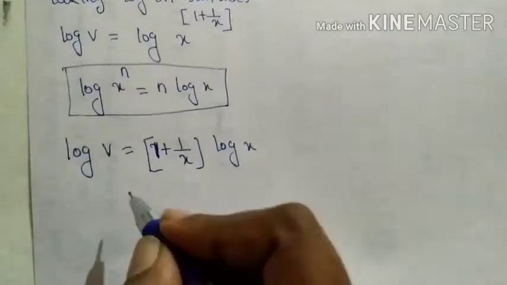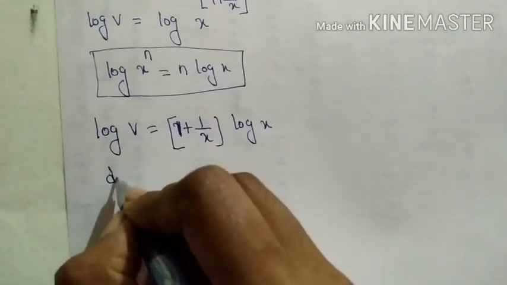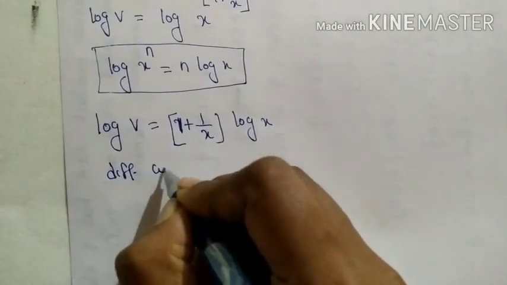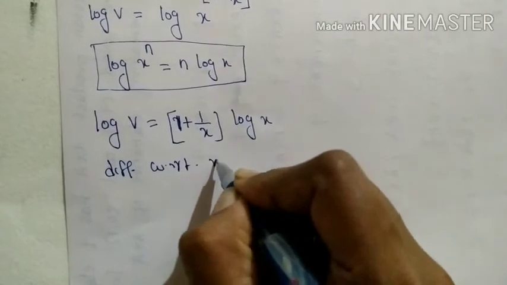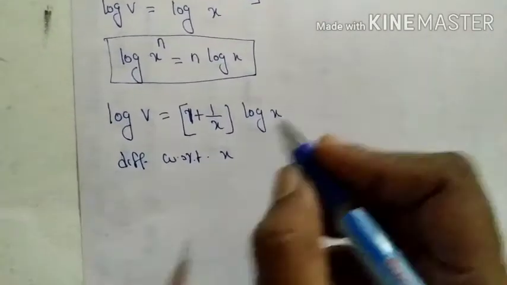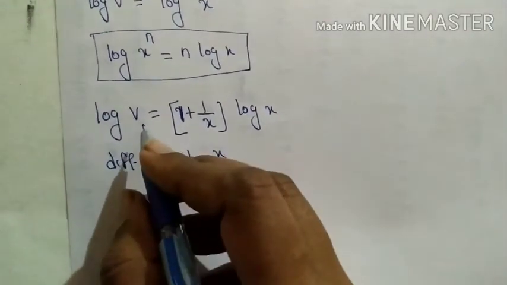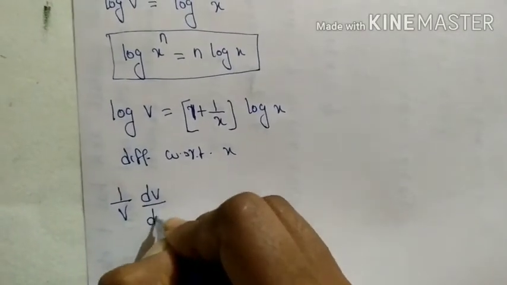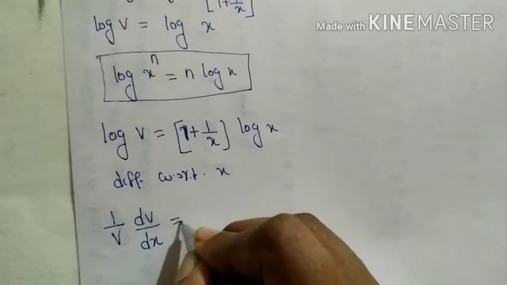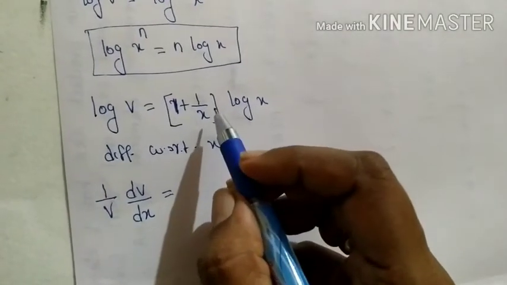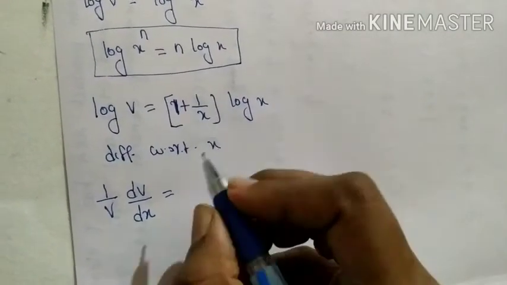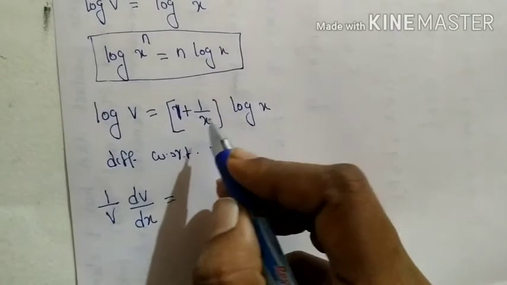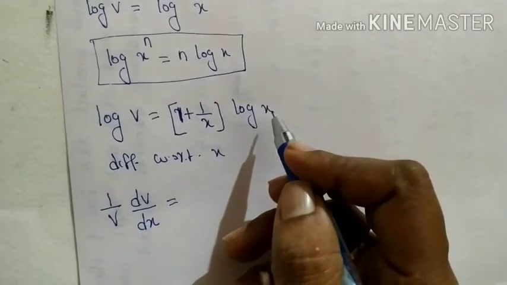Next, I am going to differentiate it with respect to x on both sides. So 1 by v into dv by dx equals, again here I am going to use the product rule, because 1 plus 1 by x is one function and log x is another function.